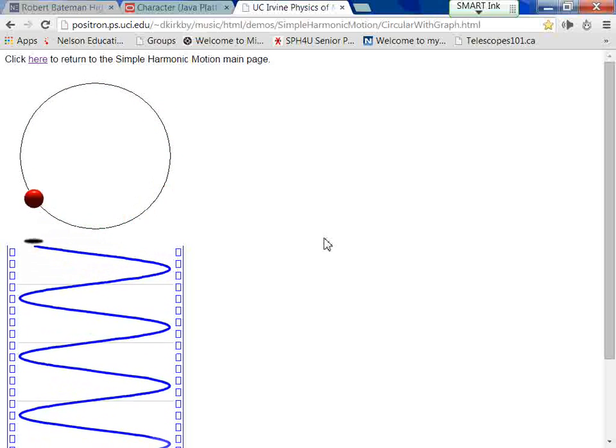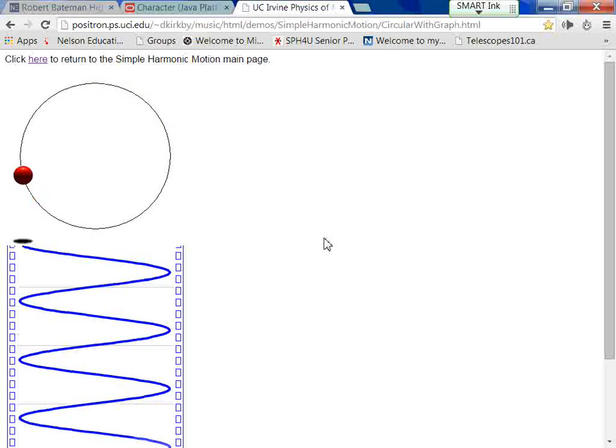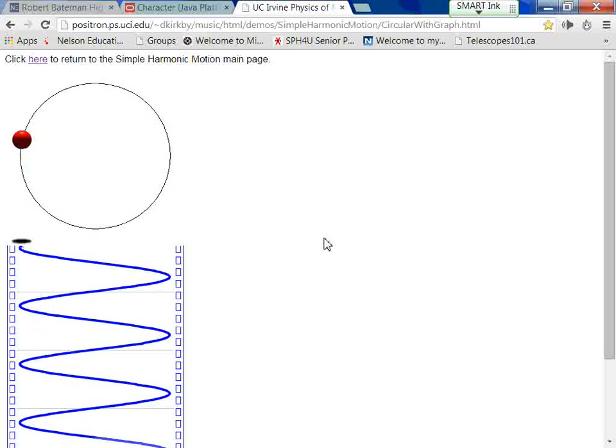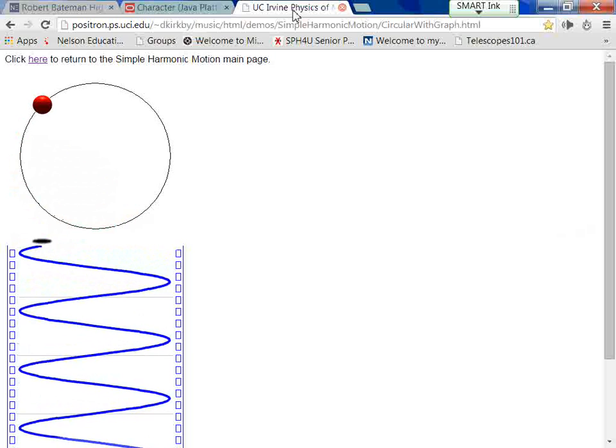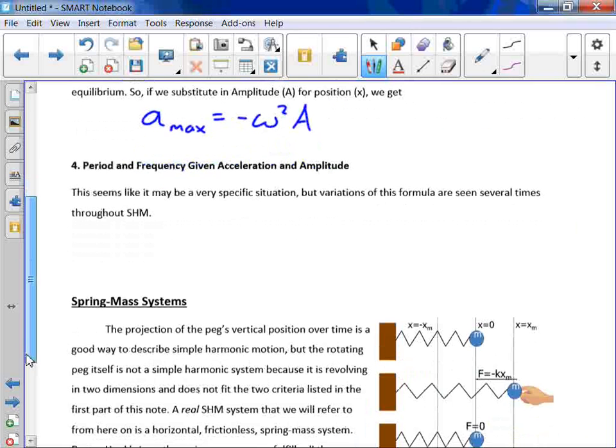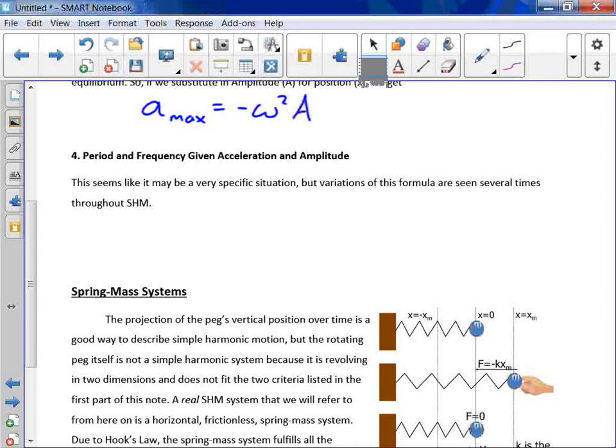The equations still work if we just substitute in x for r. Smaller amplitude, the left axis less than the radius, because it's a smaller circle.